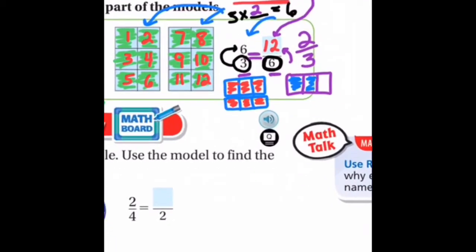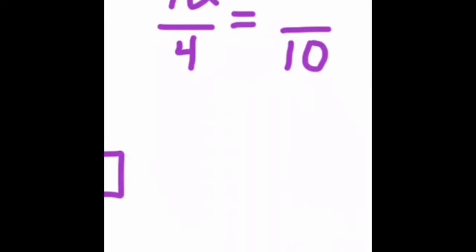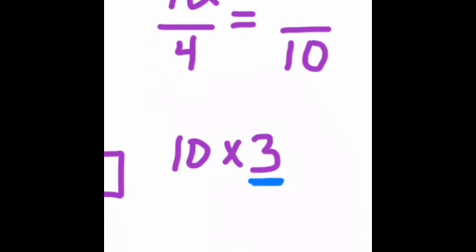Let me show you a different example real quick. Let's make up one with fourths. I'll say 4 times, what's 4 times 3? Right? 4 times 3 equals 12. Okay, so then 12 fourths is going to be equal to, let's say something over 10. Well, 10 times 3, remember I multiplied the top one up there by 3, so I'm going to multiply this one times 3. 10 times 3 equals 30.